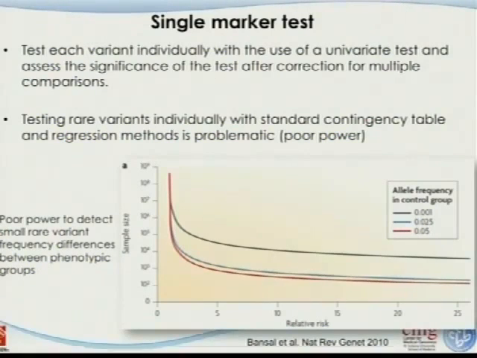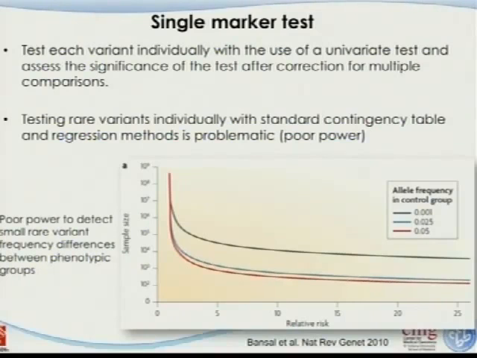You can see that the red one is a kind of common variation, and if the relative risk is about 5 in this region, you need about a few thousand samples to make it significant.